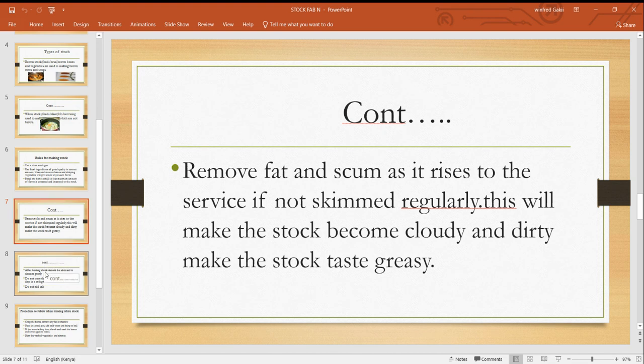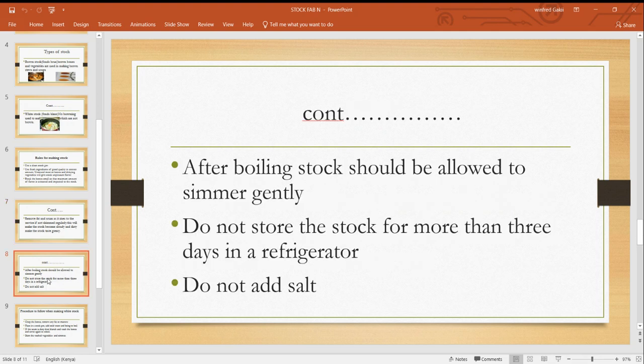Generally, when we are making the stock, we need to remove excess fat and the scum in the stock when it boils, so that it can reduce the greasiness in the meals. So we are advised to remove excess fat from the bones to avoid greasiness.